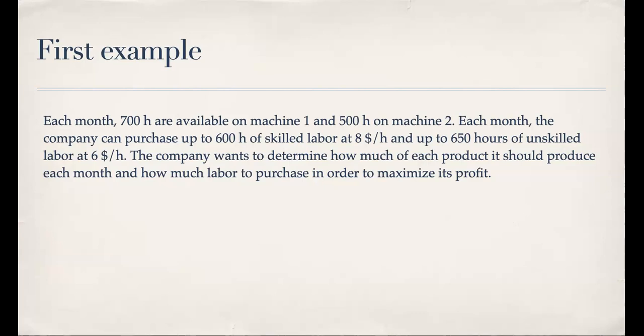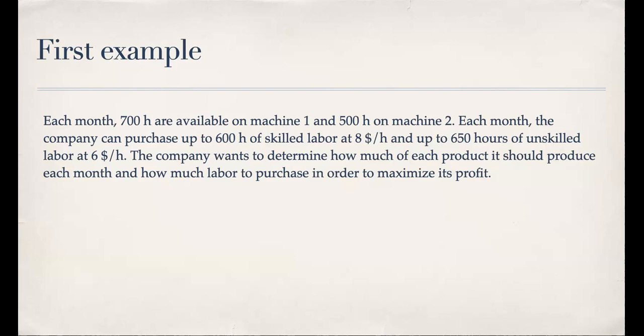But this 600 and 650 are just availability. This information sets the maximum that the company can purchase of skilled labor and unskilled labor. But for production plan, the company doesn't have to purchase all the 600 or 650 hours that are available each month, right?